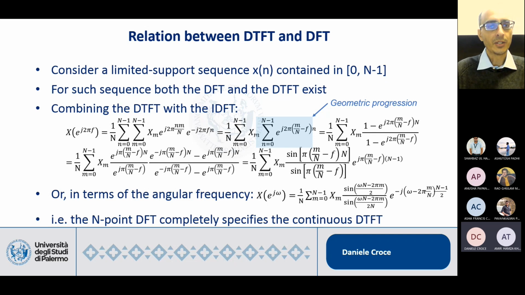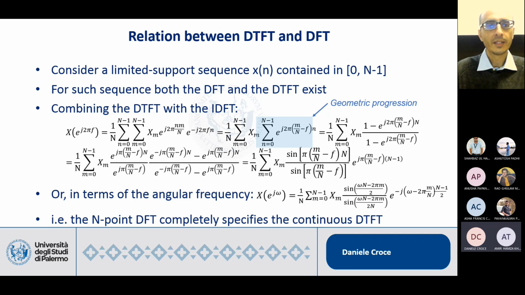And the second summation comes from the inverse discrete Fourier transform. So in the inverse discrete Fourier transform, we have the samples of the DFT. Here it's written capital X of m. And then you have the coefficients of the inverse discrete Fourier transform.